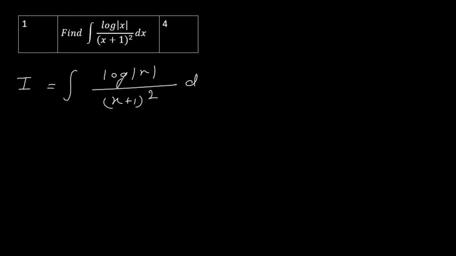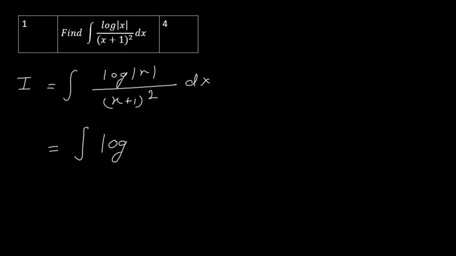In many of the problems we have seen that whenever log is involved, we use substitution. But here, if you see, no substitution is possible or useful. Therefore we try to solve this problem using integration by parts, that is the u into v method. For that I have two functions.